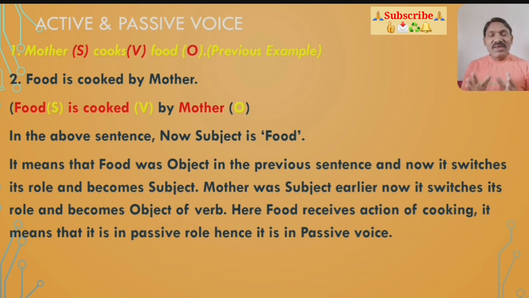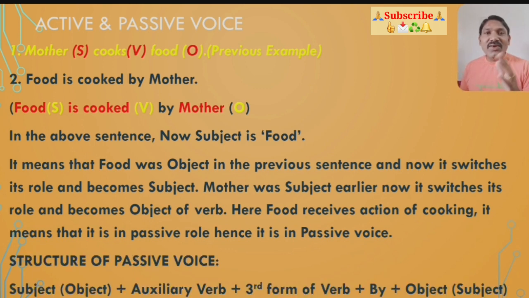Yes, students. So here we can say that the verb is cooked is in passive voice. The structure of this passive voice is: object becomes subject here, plus auxiliary verb, plus the third form of the verb, that is the past participle of the verb, plus by, and plus object, that is the subject of the active voice sentence.